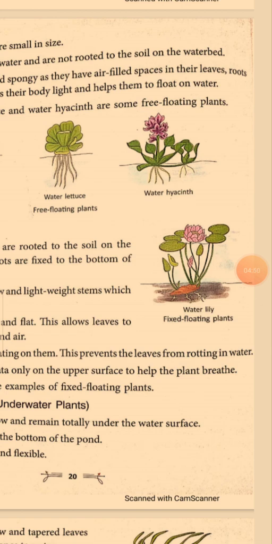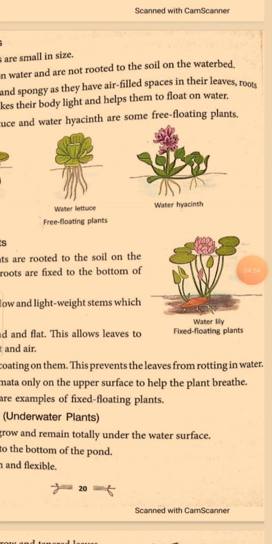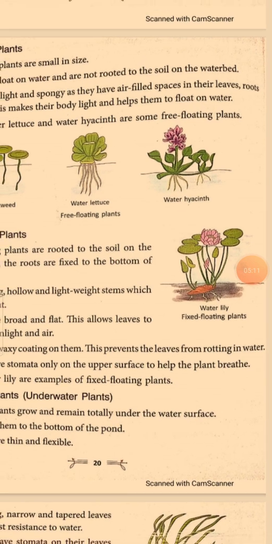One more thing about the leaf is the stomata is present on their upper surface only, not the underside, but on the surface which is exposed to sunlight. So this is how the plant easily takes sunlight as well as carbon dioxide, and releases oxygen to the air. Okay, okay beta.